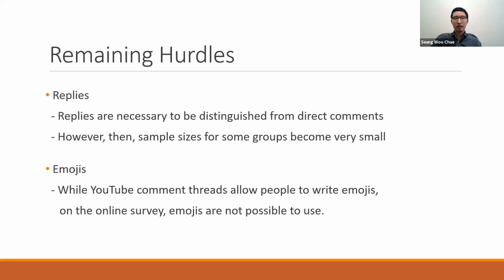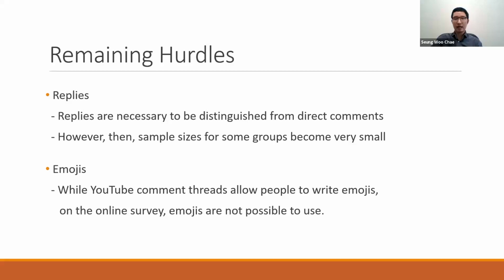And another hurdle is emojis. While YouTube comment threads allow people to write emojis, on the online survey, emojis are not very possible to use. But nowadays emojis really mean something. So there are multiple comments only with emojis.